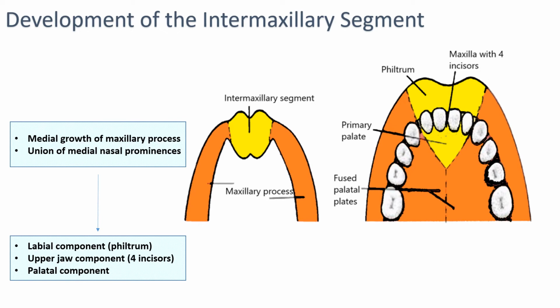And that's really all we need to know about this primordial intermaxillary segment: each of these components is important. It's got three. One is the labial component, which gives rise to the philtrum. One is the upper jaw component, which holds the four maxillary incisors. And the last is the palatal component, which gives rise to this primary palate.